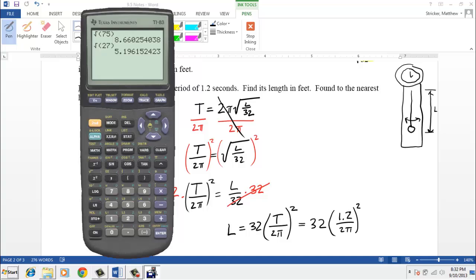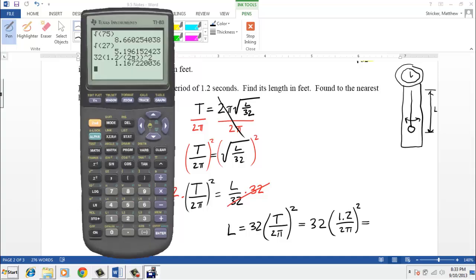So we're going to take 32 times, in parentheses here, 1.2 divided by, and I'm going to put the 2 pi inside of parentheses because we need to divide by 2 and by pi. So the parentheses forces the 2 pi to be in the denominator. And we're going to raise that to the second power. We're going to square it.